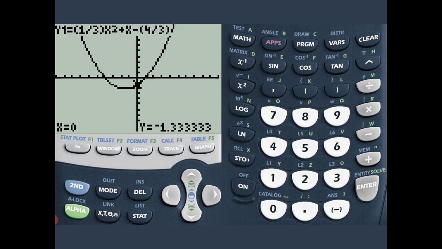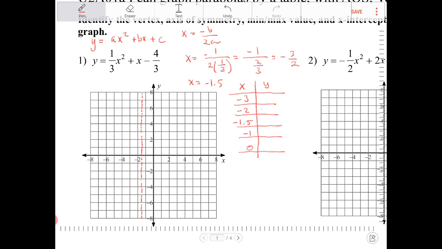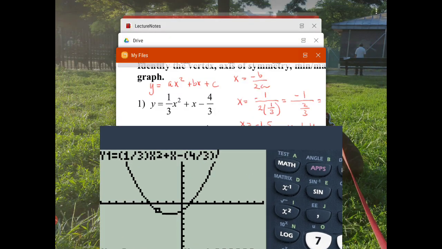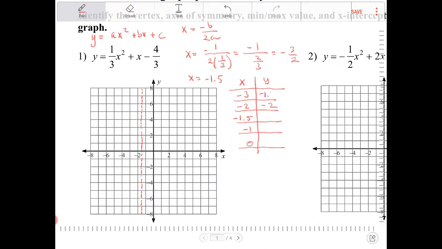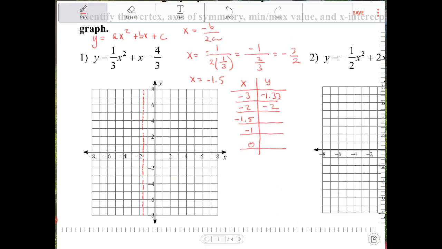You're going to press -2, because that was one of the x coordinates that we're trying to evaluate. If I hit enter, I'll end up with -2. Oh, and then we have -3, of course. So I'm going to hit trace again, -3, and then I have -1.33. And I want -1.5, so -2.083.